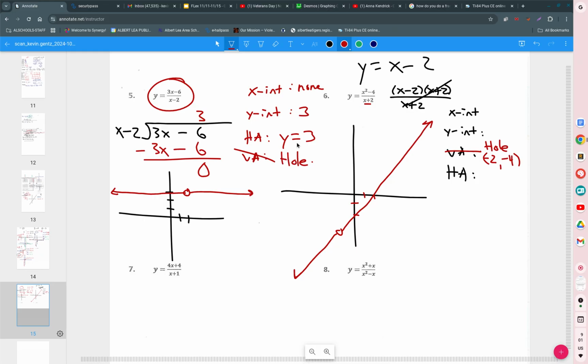That's where my hole is. This doesn't have a horizontal asymptote. It has what we call end behavior. This rational function wants to look like y equals x minus 2.